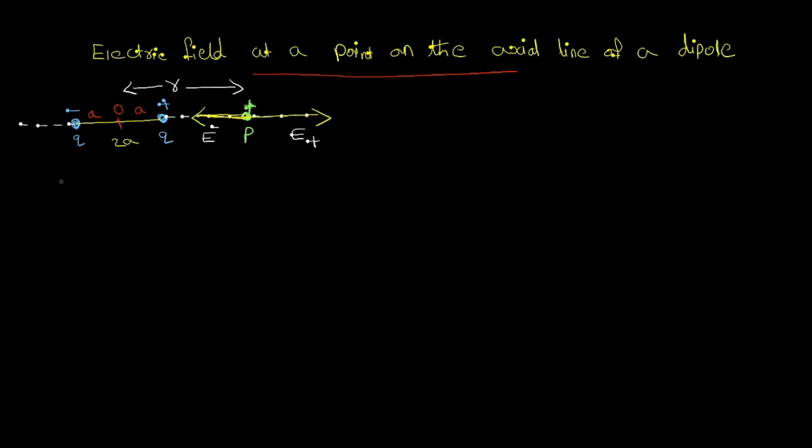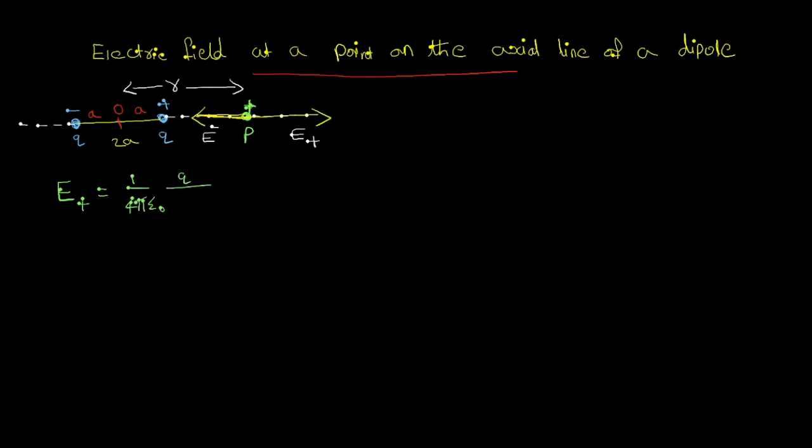Then the electric field intensity E positive, due to positive charge Q, is equal to, we already know the equation of electric field intensity, 1 by 4 pi epsilon 0 times Q divided by distance squared.